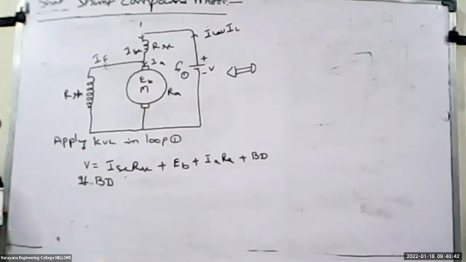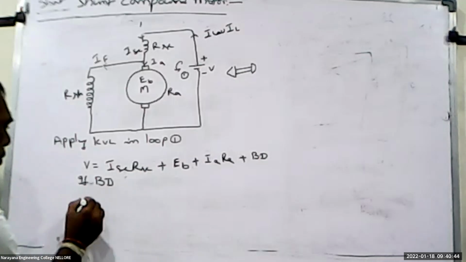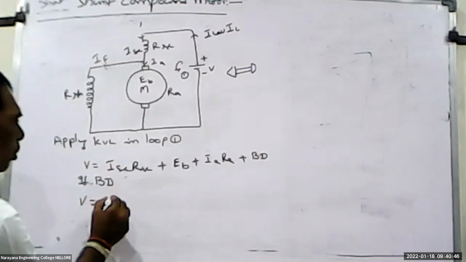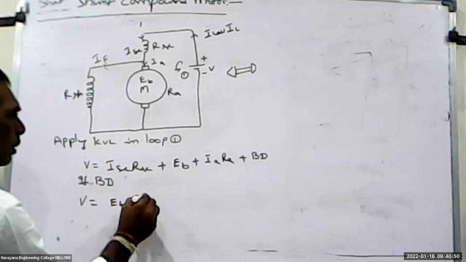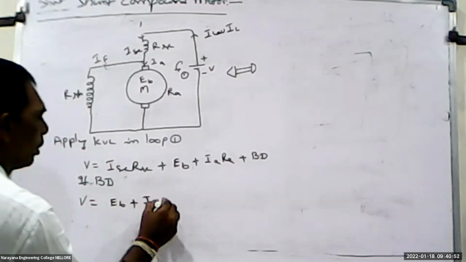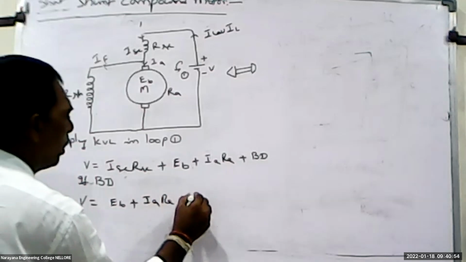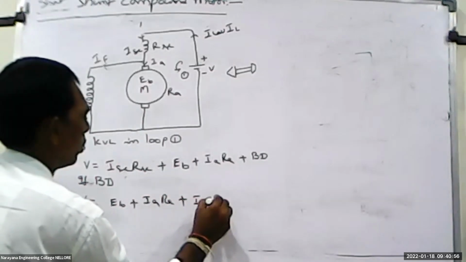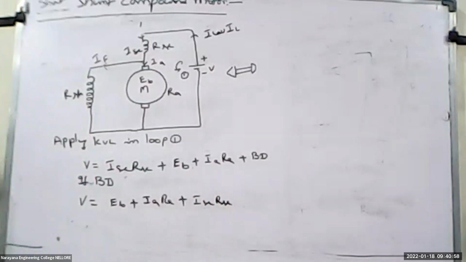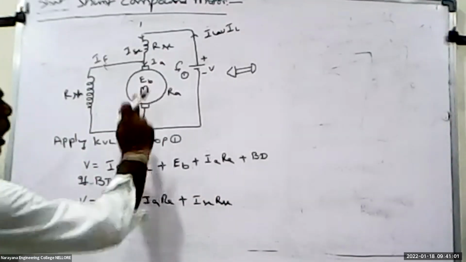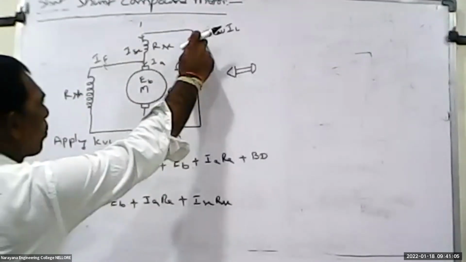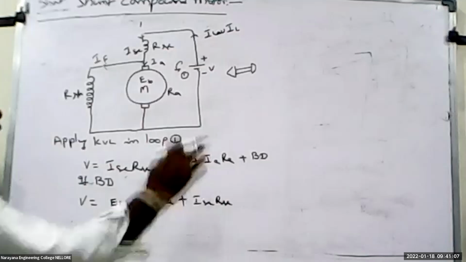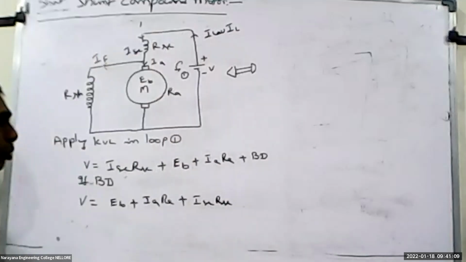Then V is equal to, I have to modify this one, EB plus IA RA plus ISC into RSC. Here ISC, the current passing through the series field winding, and the supply delivered current are the same.